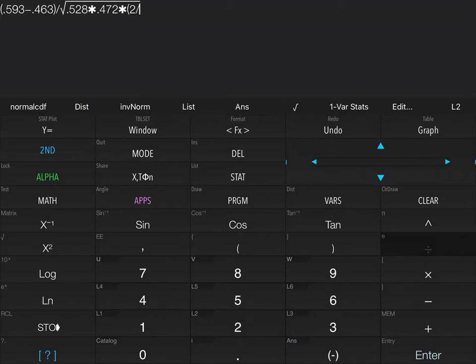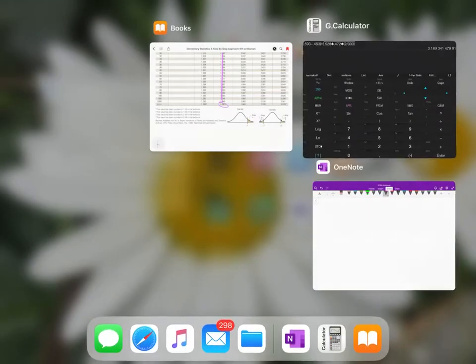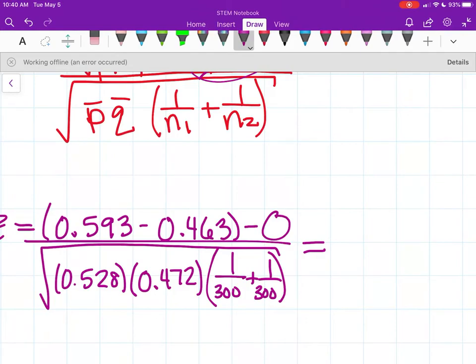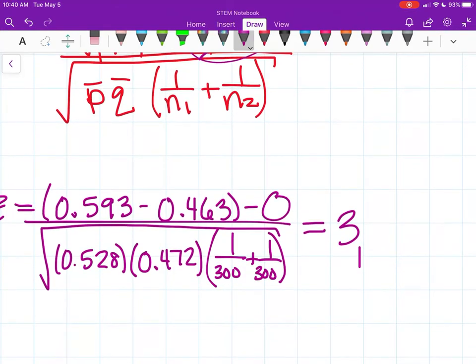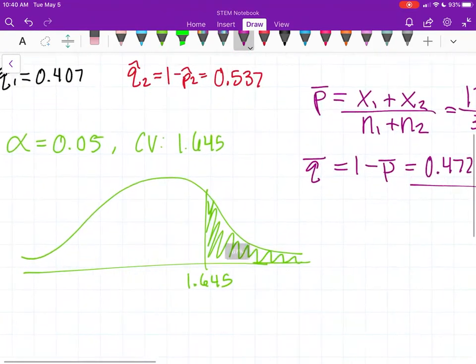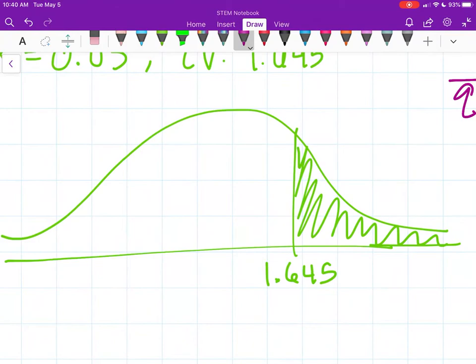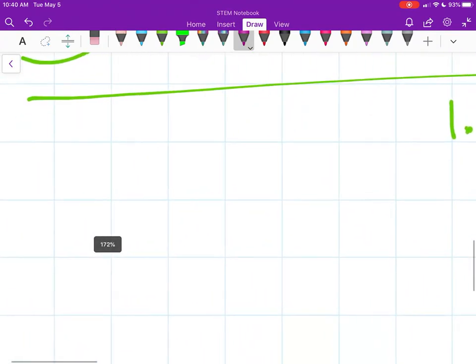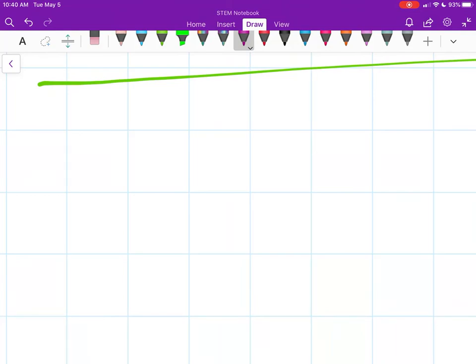So I'm just going to put 2 divided by 300. And we get our test value to be 3.19. So now let's go to our distribution. And we see 3.19 is way over here. Therefore, because it is in the shaded region, we reject.